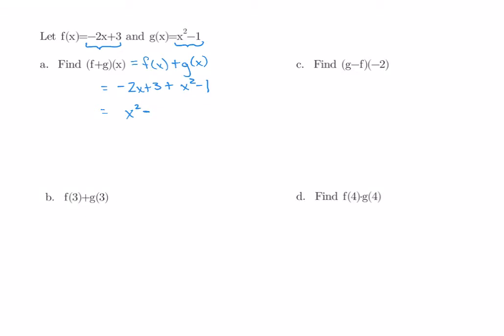I'm going to put x squared first, minus 2x, and 3 minus 1 is plus 2. And so this is our new function for f plus g of x.